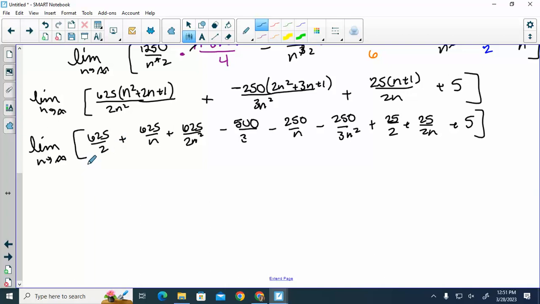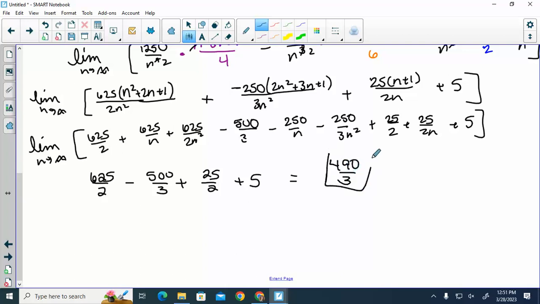Anything with an n on the bottom is going to turn into 0. And this gives us a pretty ugly answer. It was 490 over 3, I believe.